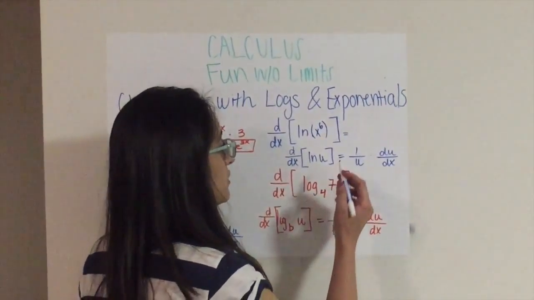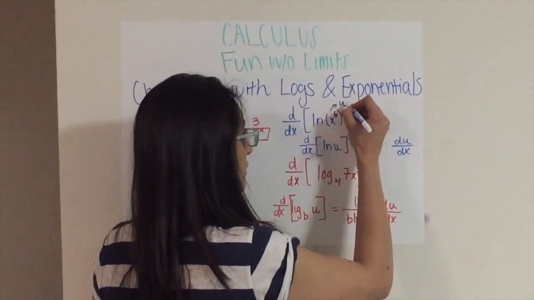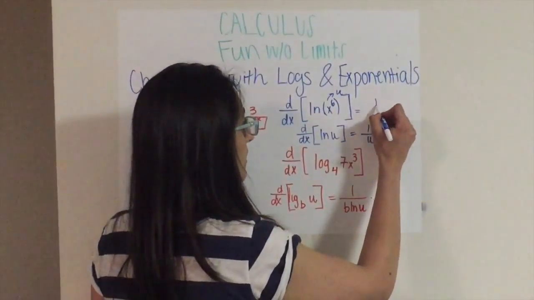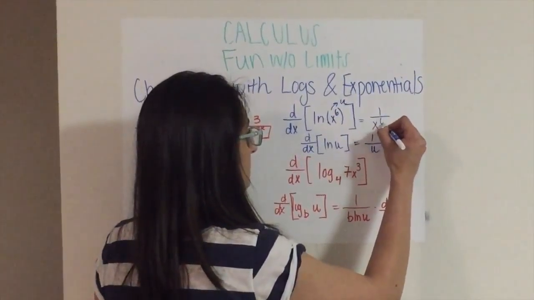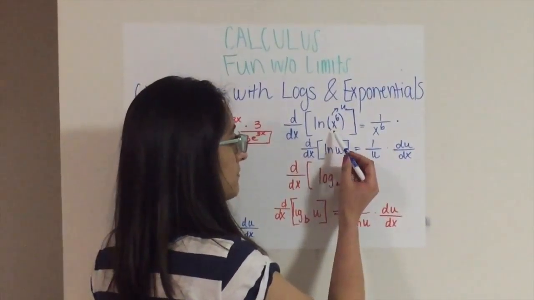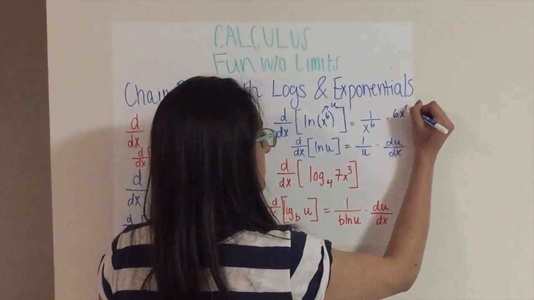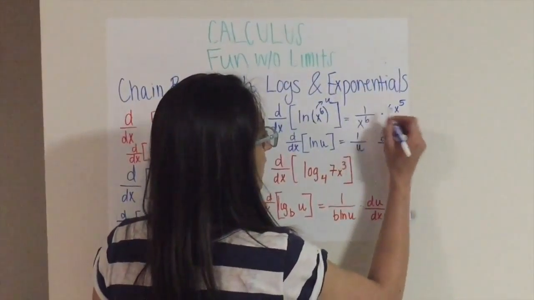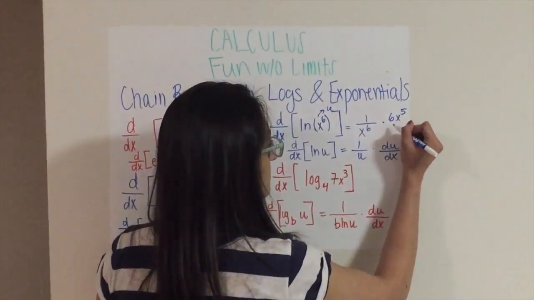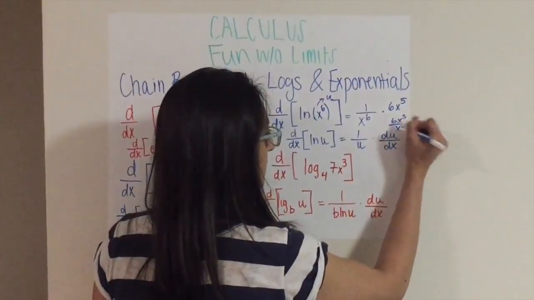We're first going to look at x to the 6th as our u. So 1 over x to the 6th. And now we want to take the derivative of our u. That would become 6x to the 5th. So our final answer for this problem is 6x to the 5th over x to the 6th.